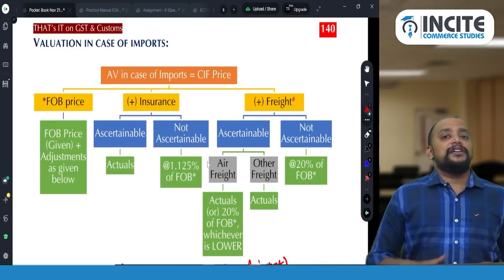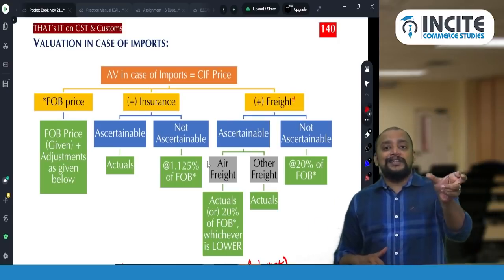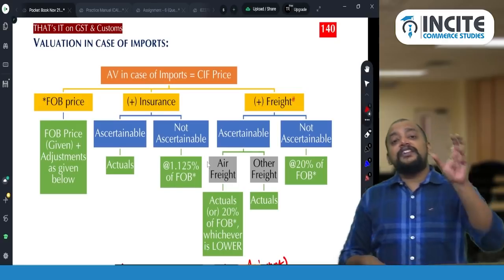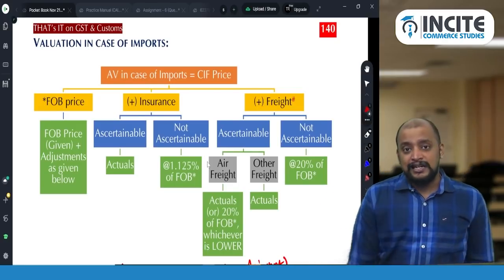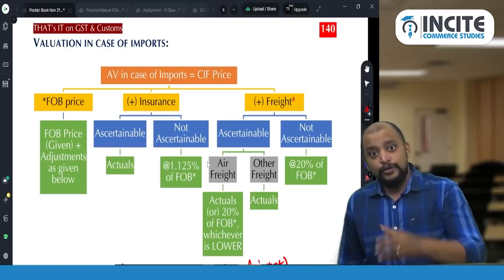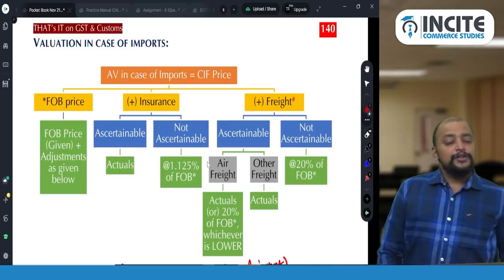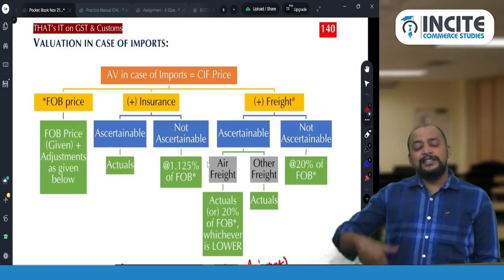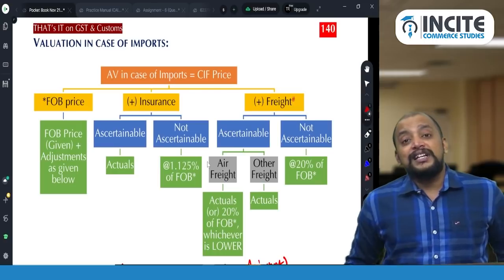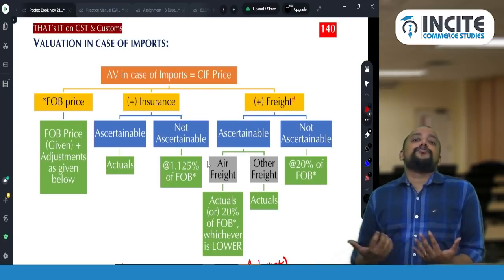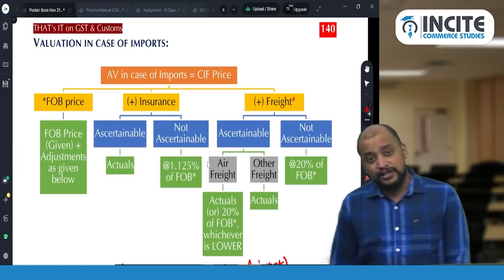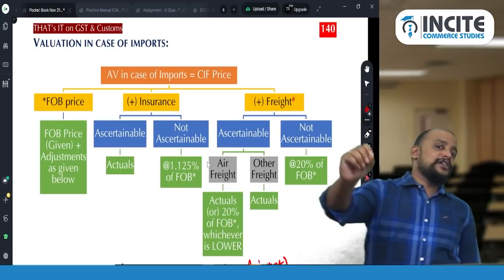In ad valorem method there are two methods: tariff value method and transaction value method. Tariff value means the customs department, that is CBIC, will tell this much is the value on which customs duty is payable. So we don't have to determine the value in that case. Whereas transaction value, the importer or exporter should determine, and on the transaction value customs duty is payable.